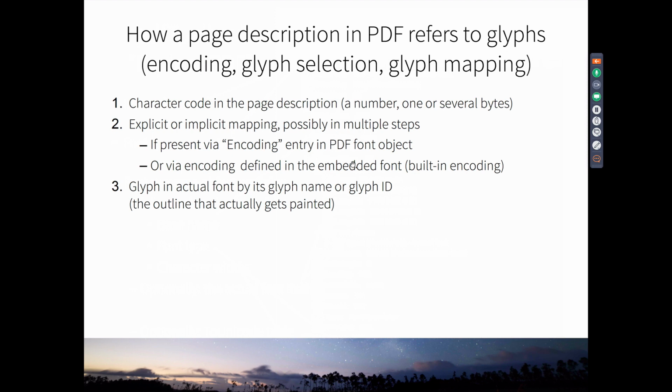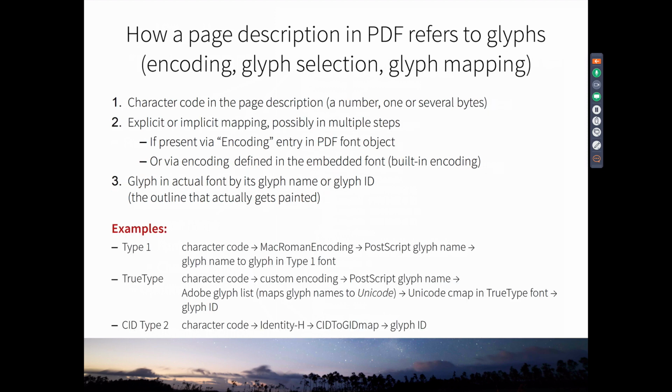If that is not present, you go straight into the font and try to find your way to the glyph by using what is called the built-in encoding of the font. And then you have the glyph in the actual font. You can identify it there either by glyph name or by glyph ID. And then you have the outline or the contour that you would want to paint.